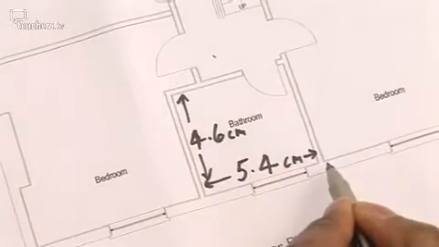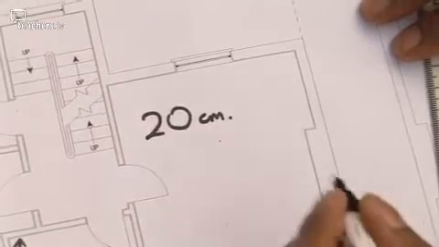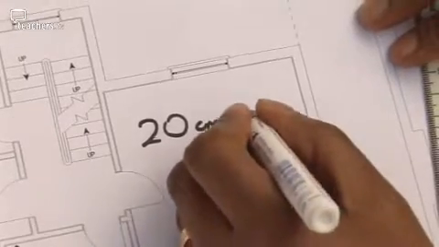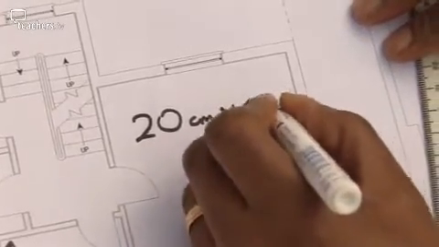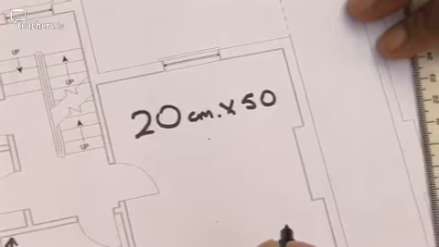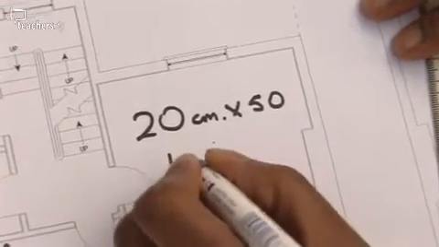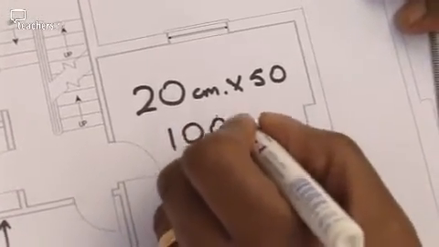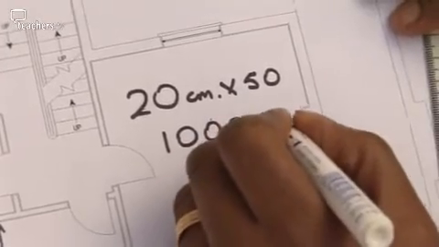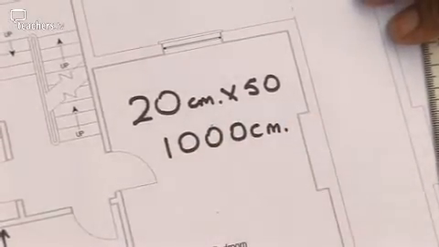And that's 20 centimetres in total. With a scale of 1 to 50, the perimeter of the real room is 20 centimetres multiplied by 50, and that's a total of 1,000 centimetres. And that's 10 metres of wooden skirting board.